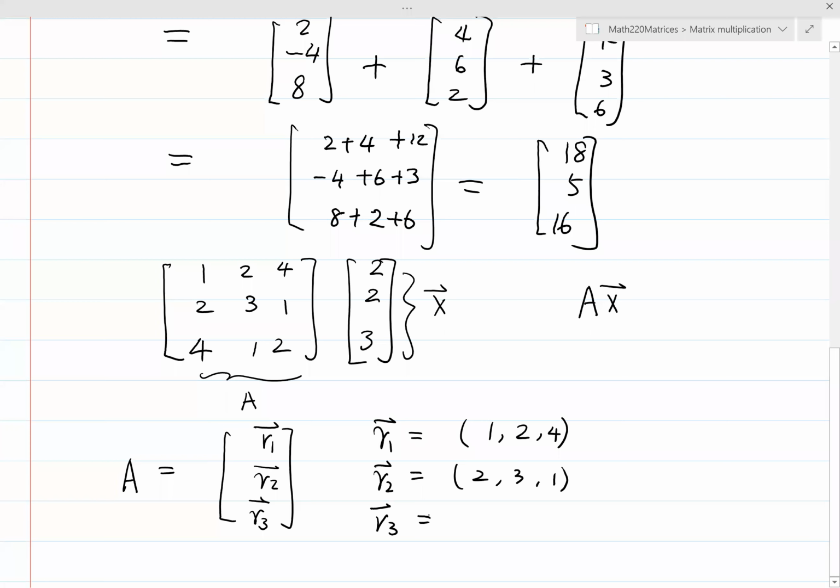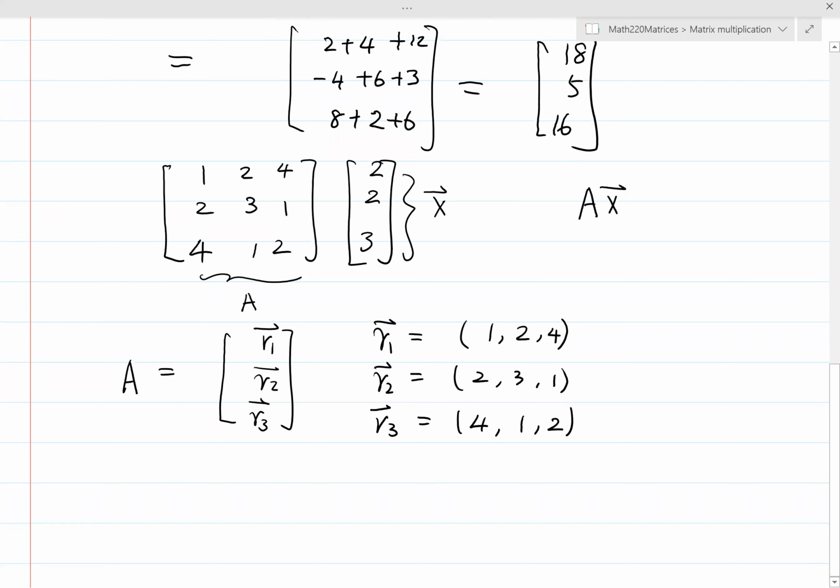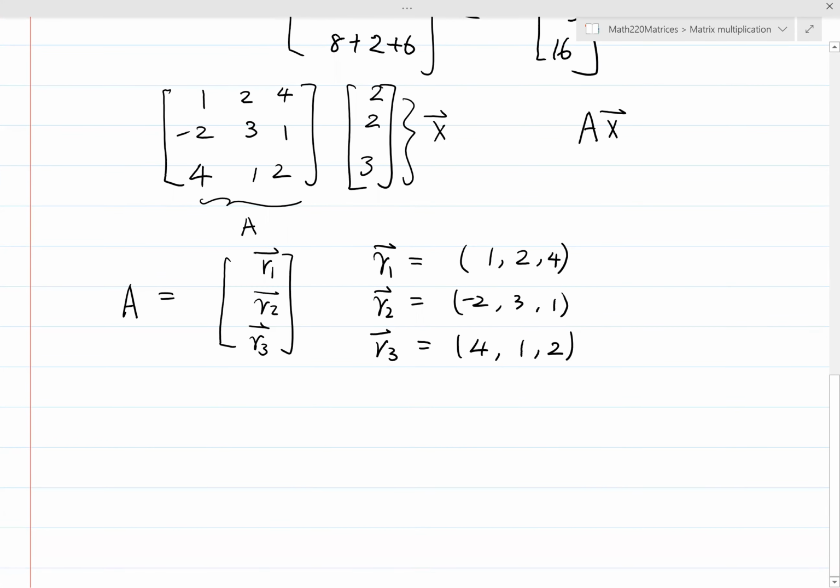R3 is the third row, 4, 1, 2. For A, in row two, column one, isn't that supposed to be -2? Yes, you are right. Sorry. Thank you. Okay, then we work this out by row operation.